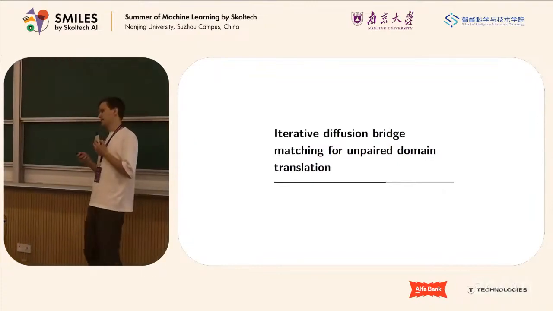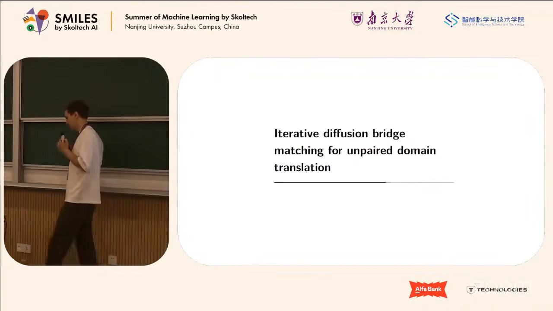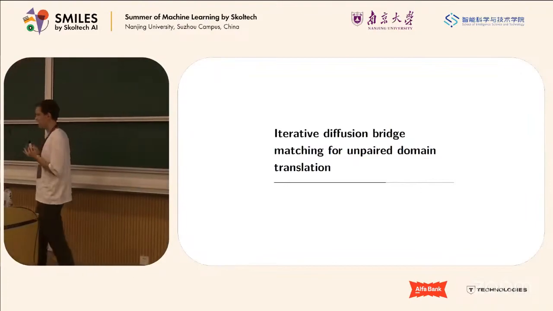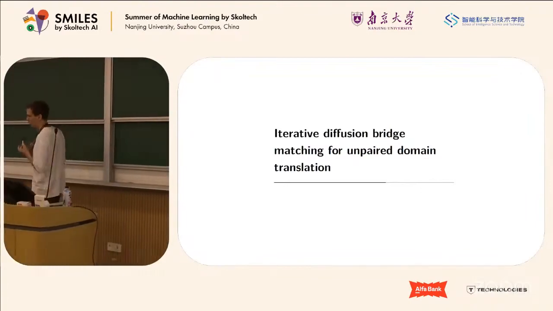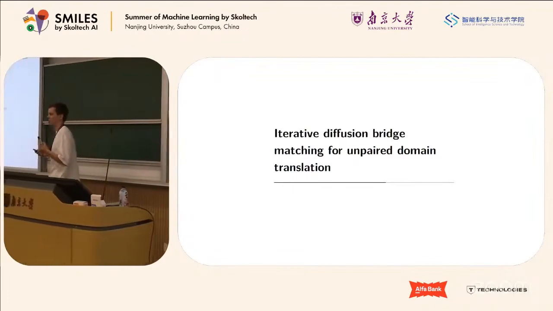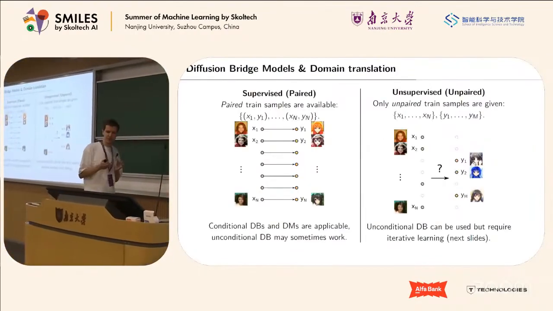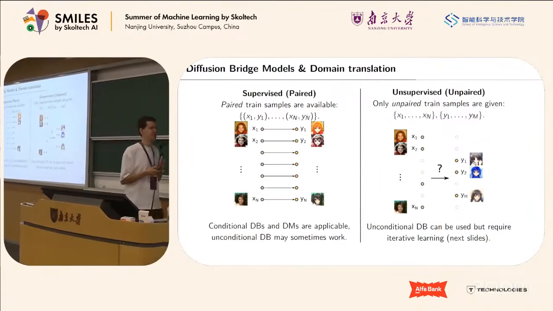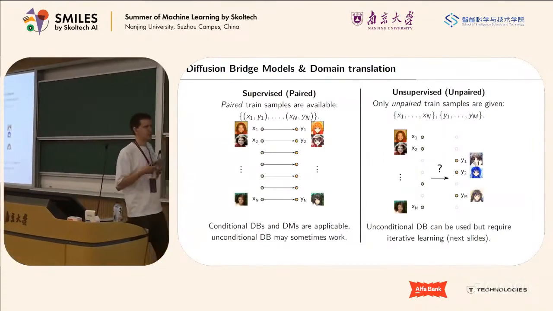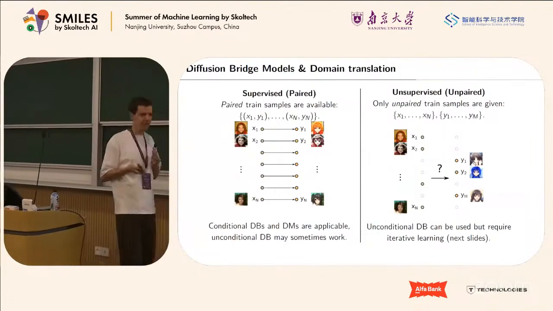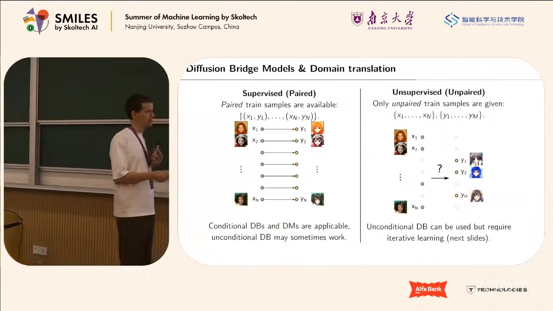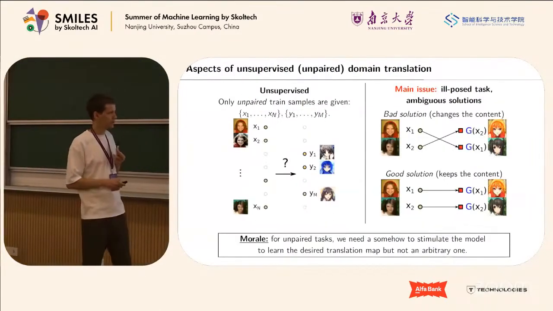But the main point is that most of these things are not applicable when we work with the unpaired case, when we have only samples from the input domain and only samples from the target domain. Because we cannot even train our model, because for training we need pairs. And this makes this case more challenging.